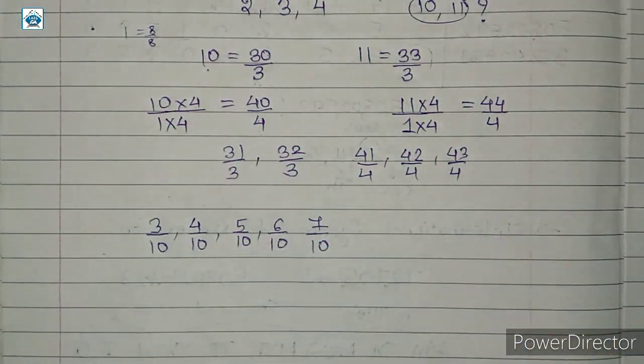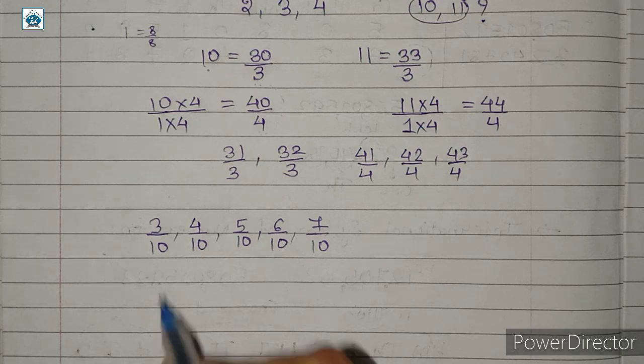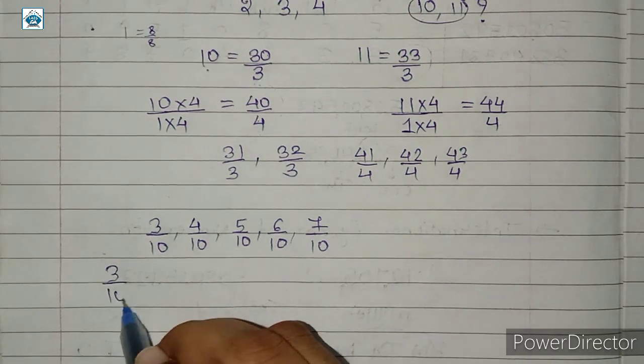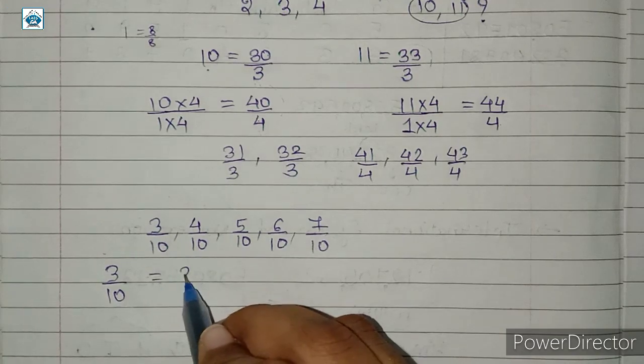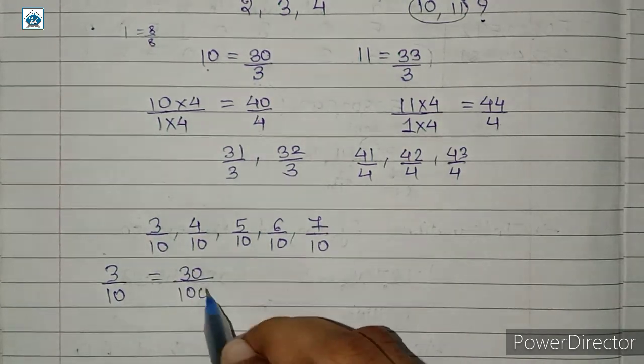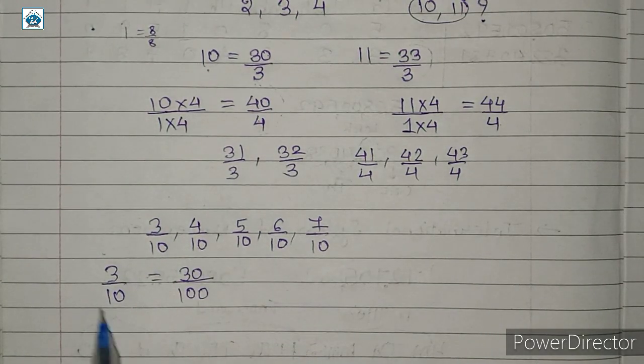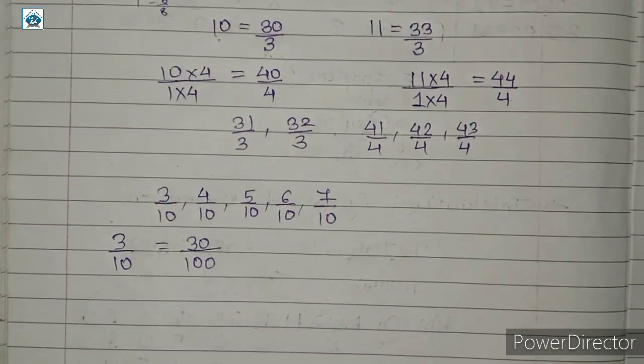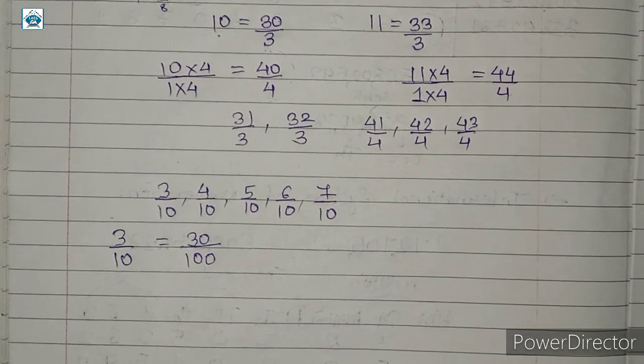These are the three rational numbers between 3 by 10 and 7 by 10. But are these the only rational numbers? The answer is no, because 3 by 10 can be written as 30 upon 100. Here the denominator is 10, but I want the denominator to be equal to 100.